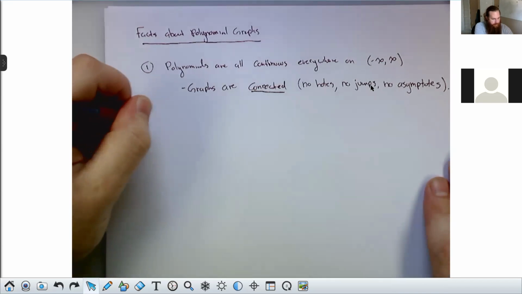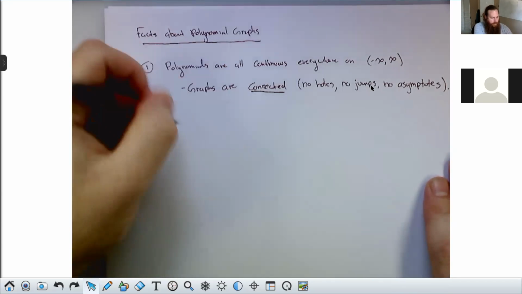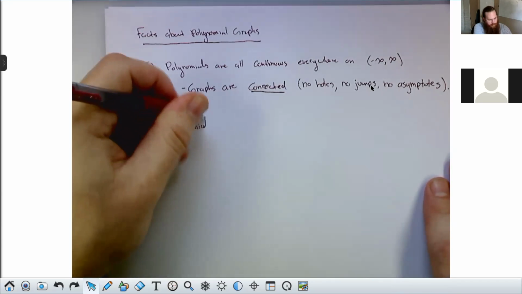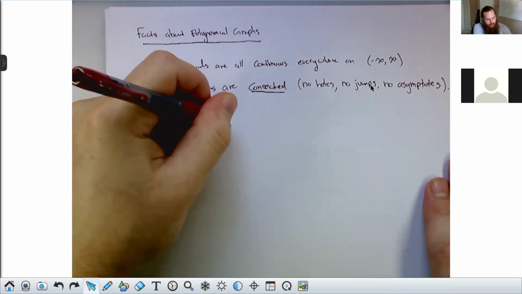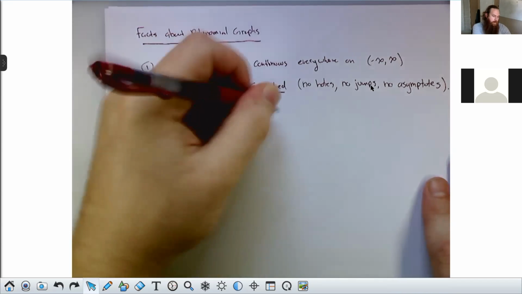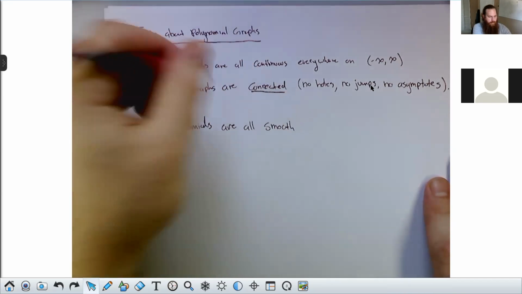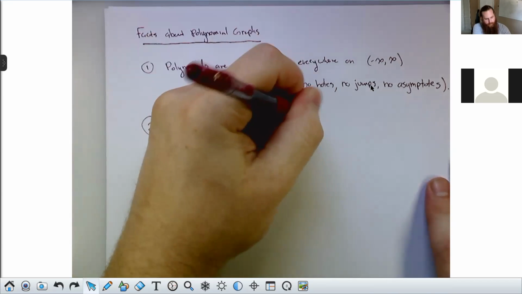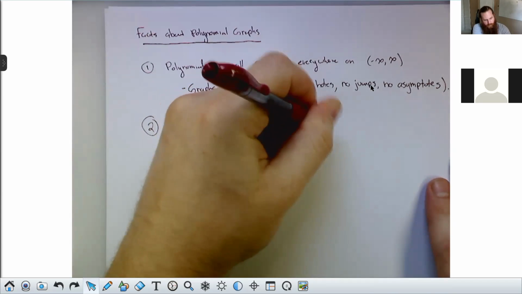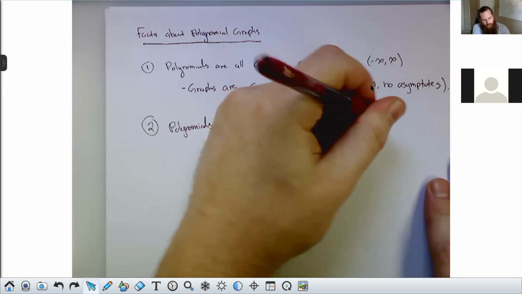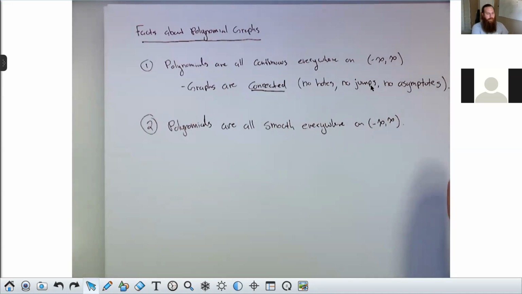And smoothness is the next criterion. So polynomials are all smooth everywhere on negative infinity to infinity. This means there are no hard corners.